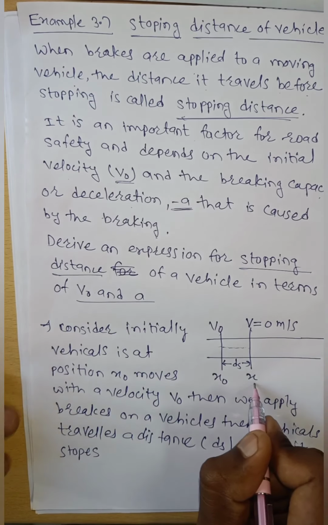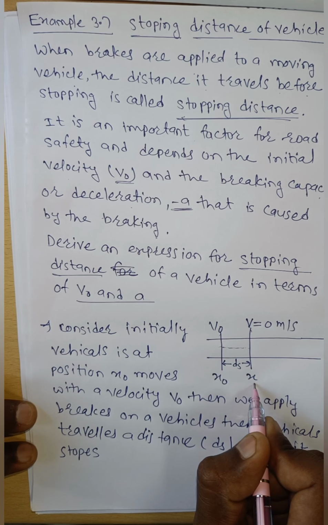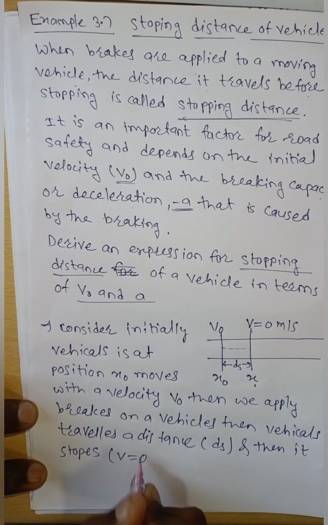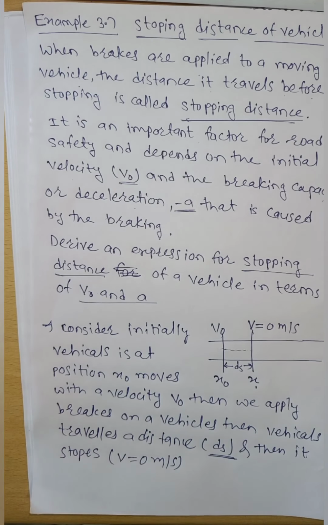The vehicle stops at a position x, which means here the final velocity is 0 meter per second and the stopping distance is ds.